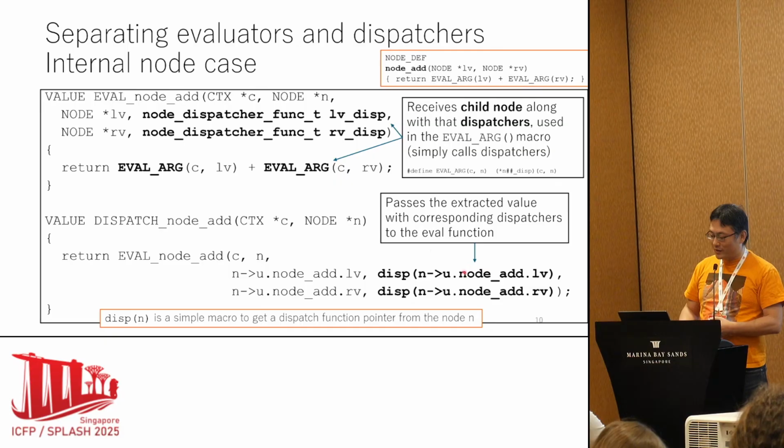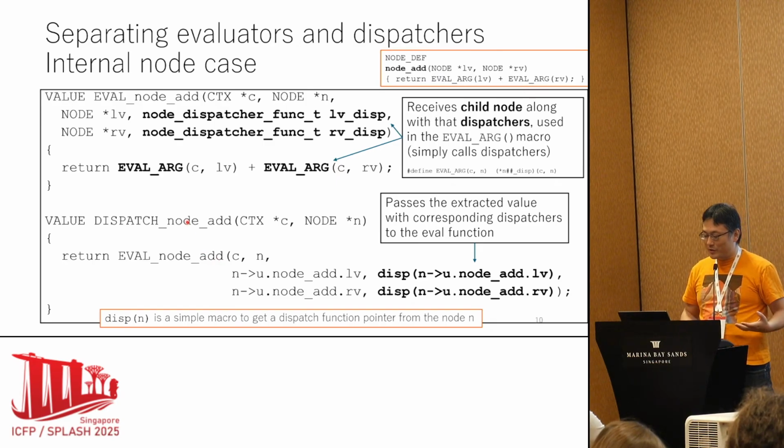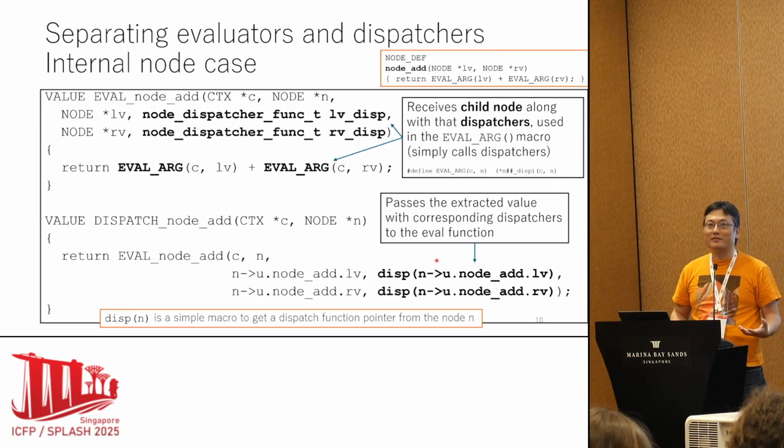So we can get a dispatch function for this one, and to invoke the dispatch node add function, we pass the child node with the function pointer to the dispatch function for the child node.